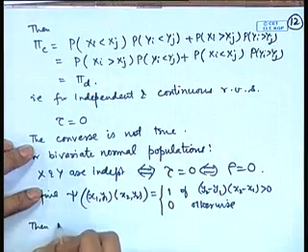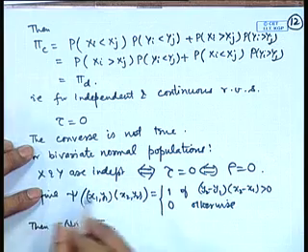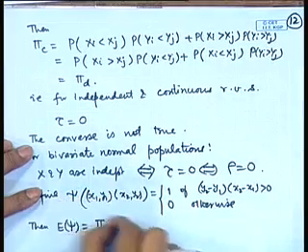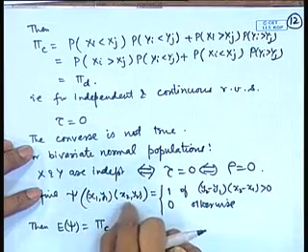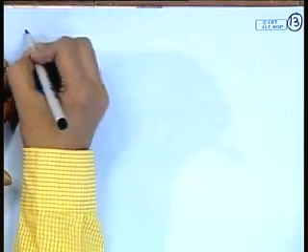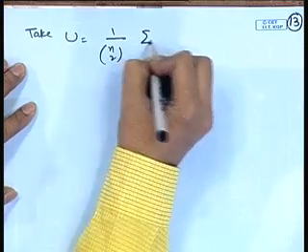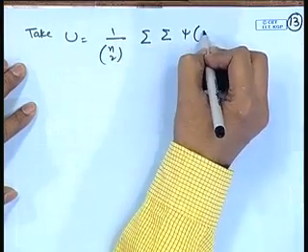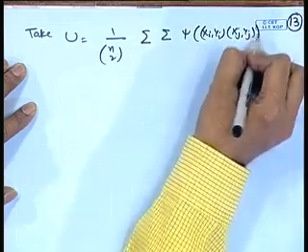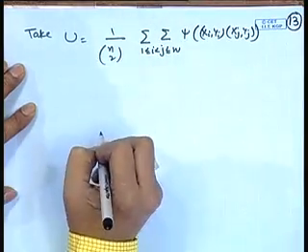Then naturally the expectation of psi is equal to pi c. So, we can consider an average of all such pairs. That means, we may consider u is equal to 1 by n choose 2, over all n choose 2 pairs of (xi, yi) and (xj, yj) for 1 less than or equal to i less than j less than or equal to n.